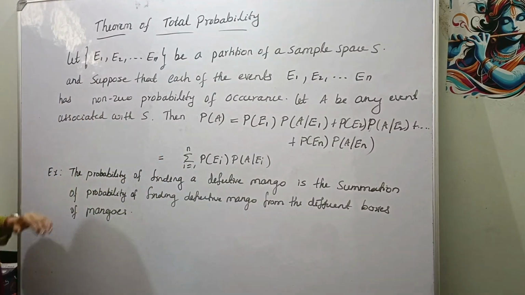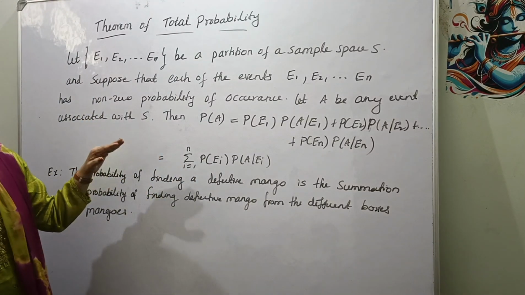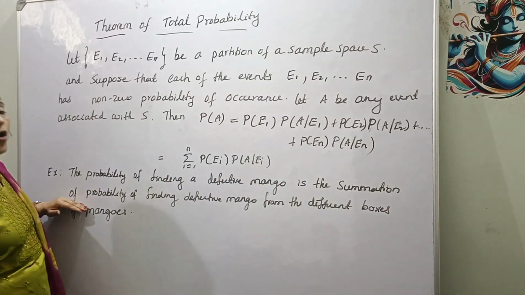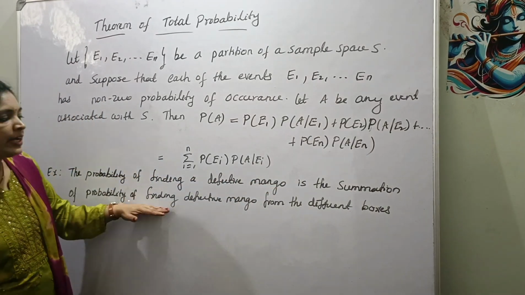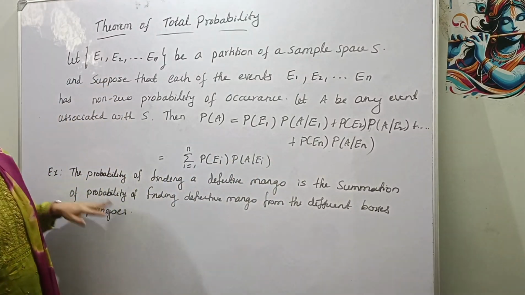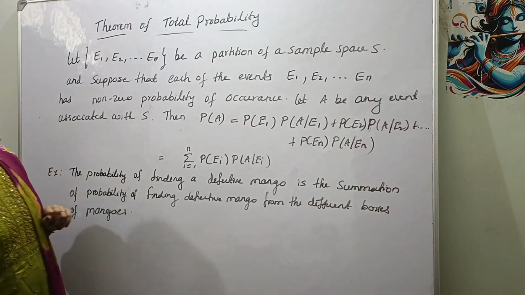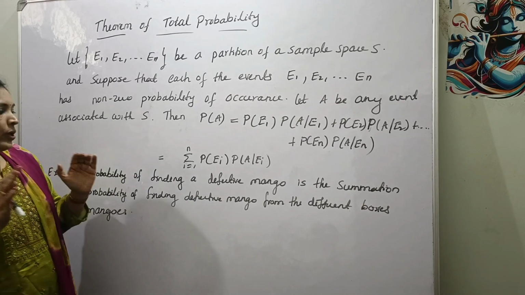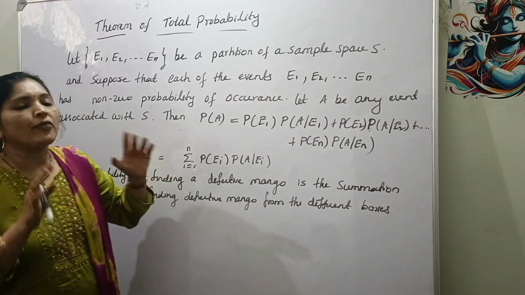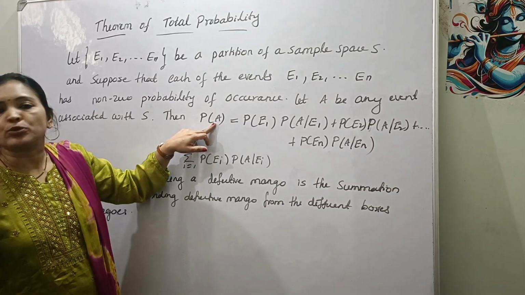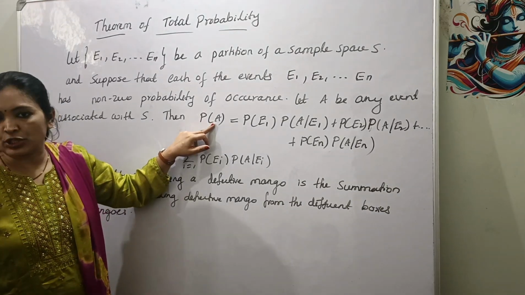For example, the probability of finding a defective mango is the summation of the probability of finding a defective mango from the different boxes of mangoes. Suppose there are only 3 boxes. Here we have to find the probability of defective mangoes. Suppose A denotes defective mangoes.